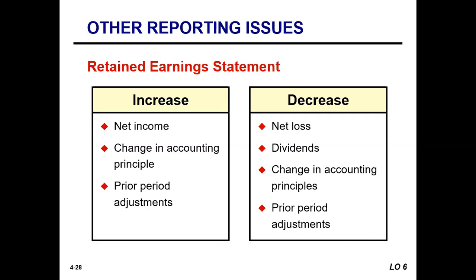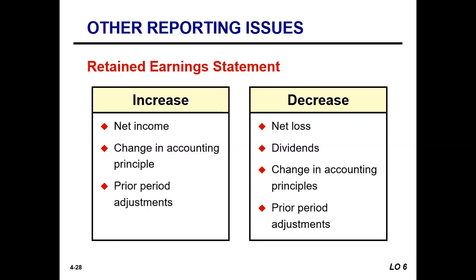It can also increase from a change in accounting principle. LIFO, for example, usually results in higher cost of goods sold, so lower net income. So if we changed from LIFO to FIFO, then we'd probably have an increase in retained earnings, because that would have increased our net income the previous year.